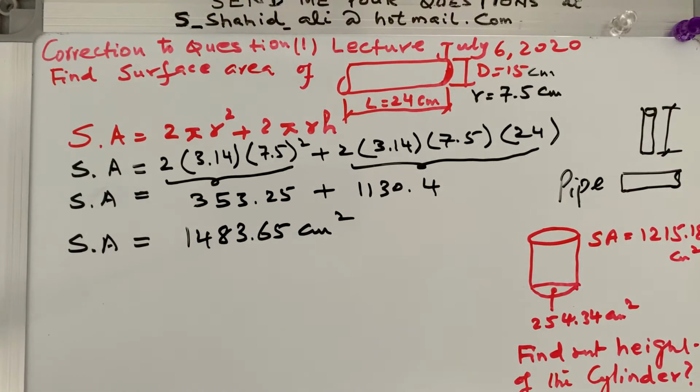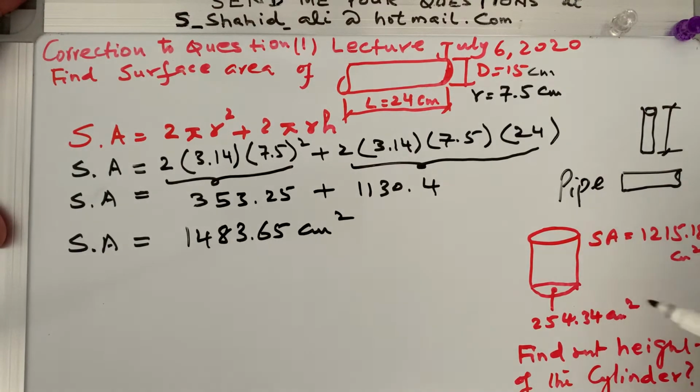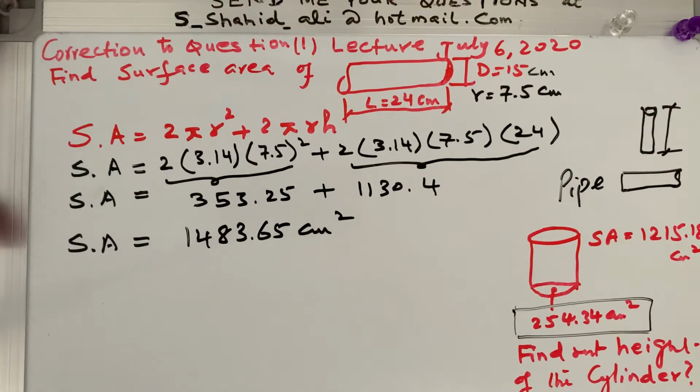So we have to see the picture closely. When we were solving this concept of cylinder surface area, we know that a cylinder consists of 2 circular areas and 1 rectangle. So what they put here, 254.34 at the bottom, is the circular area.